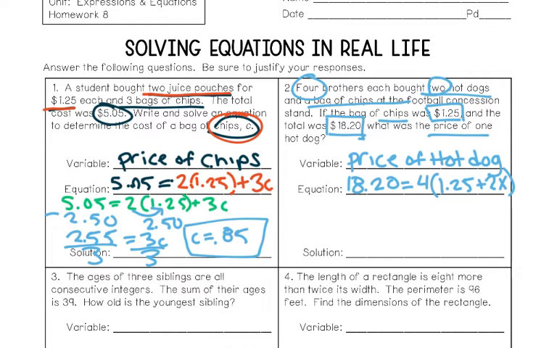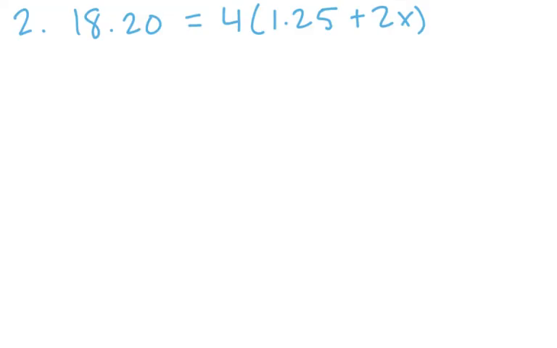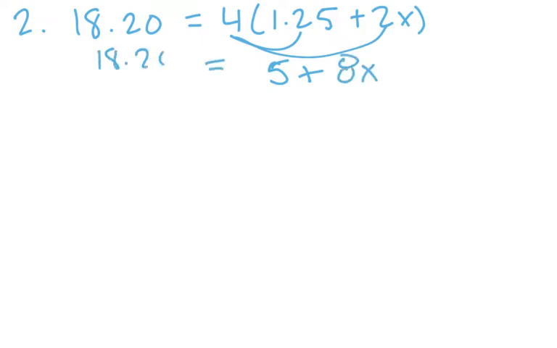And I'm going to move over to a blank page for us to solve this out. It's time to solve. What is going to be our first step here? Our first step is going to be to distribute this 4 over to the other elements of this equation. So we're going to start with 4 times 1.25, which is going to be 5. And then we're going to add our 4 times 2x, which is going to give us 8x equals 18.20.